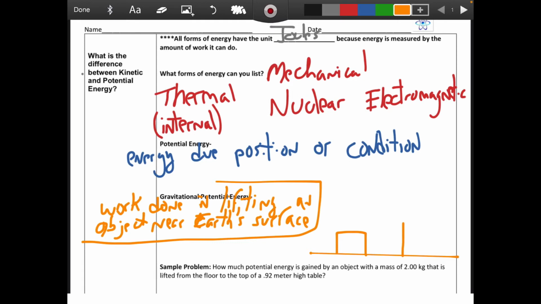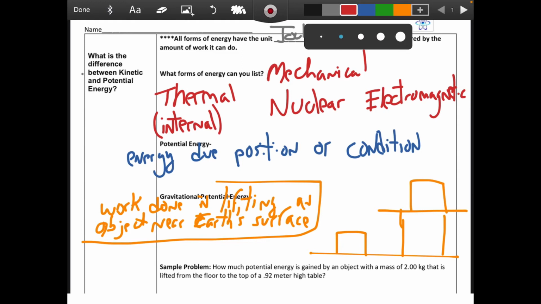But if I put a table here and I lift that object up and I place it on top of the table, well, now that object has gravitational potential energy relative to the ground. But if we talk about relative to the table, well, it's not above the table, it's on the same level as the table. So the amount of energy that it has relative to the table is 0 joules.